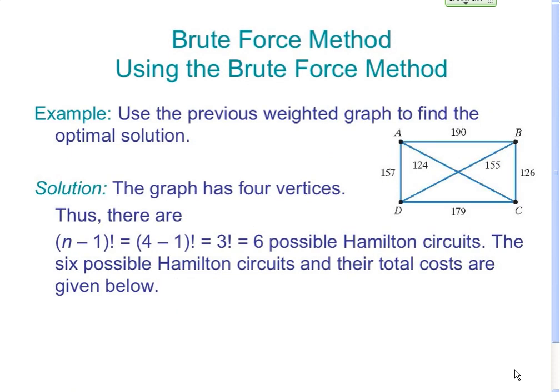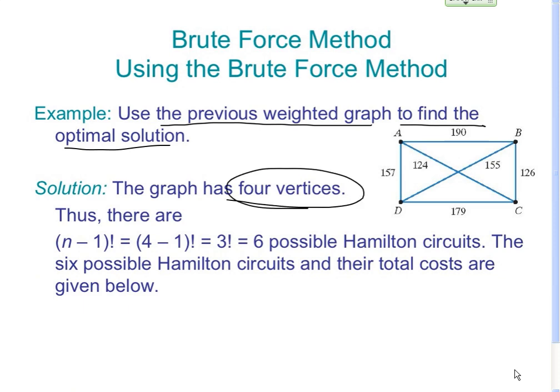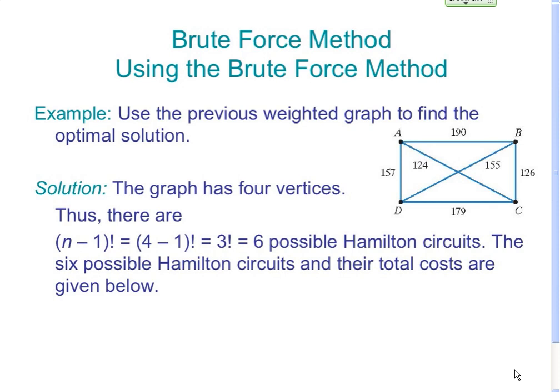So we have the previous weighted graph, and we want to find the optimal solution. We have 4 vertices, which means 4 minus 1 is 3 factorial. There are 6 possible Hamilton circuits.